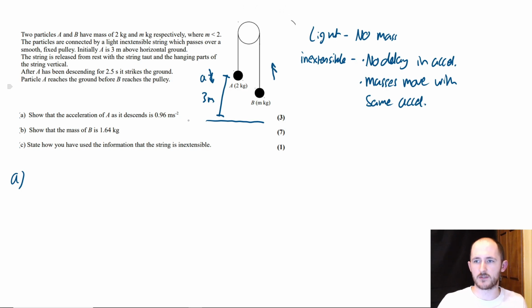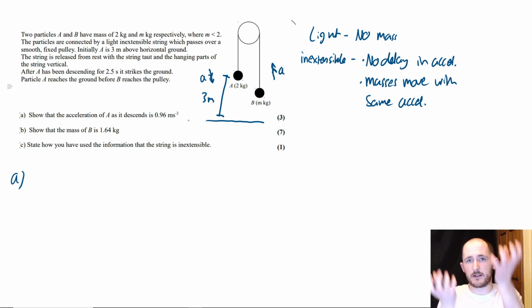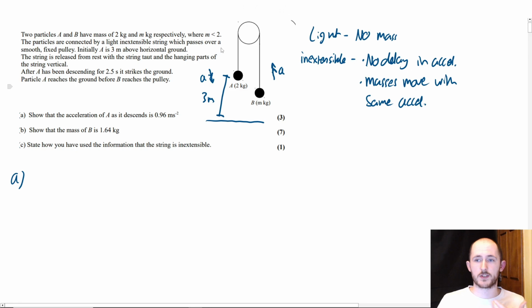So this is the interesting thing about pulleys, is that we actually have acceleration in 2 different directions depending on which side of the mass that we take, right? So A is going to be accelerating downwards because it has mass, and it tells us. And B is going to be accelerating upwards because A is heavier than B, right? That's what it means by the m is less than 2. Right?